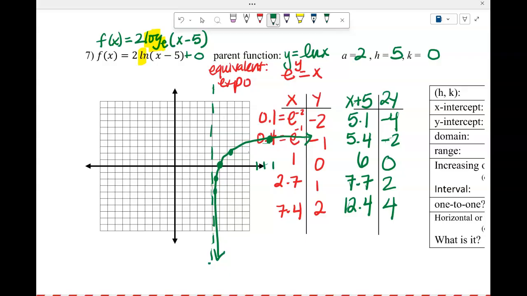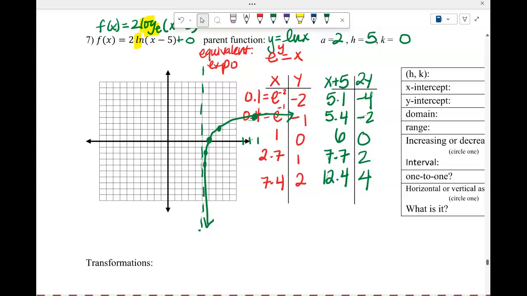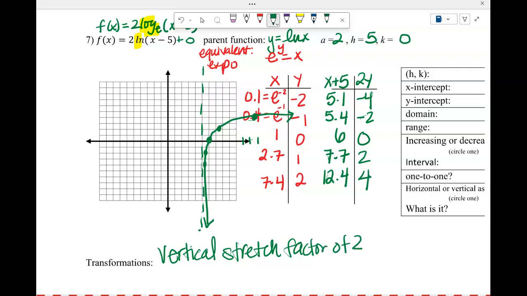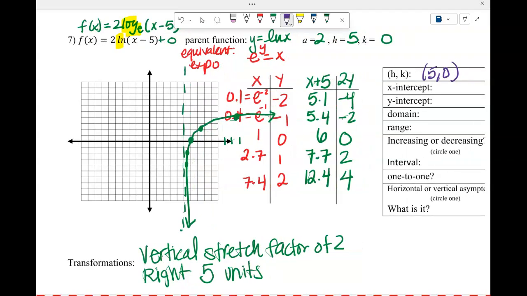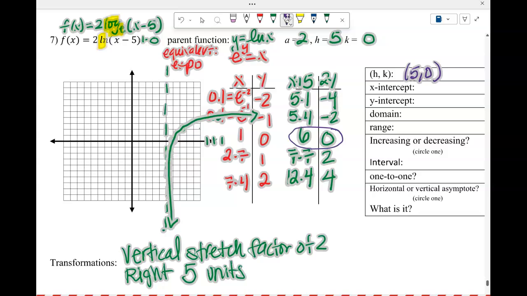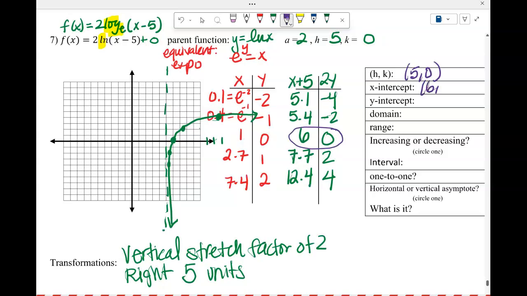Then let's fill out your transformation in the bottom here. We have a vertical stretch factor of 2 and a right 5 units. Okay, then h and k, 5, 0. The x-intercept, look at the table, we already have it, so we don't have to solve for it, is exactly 6, 0.